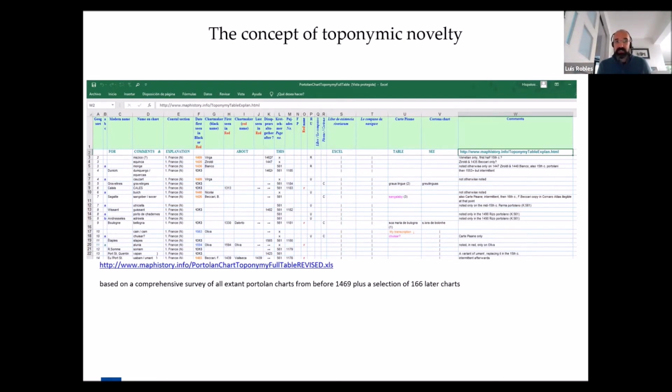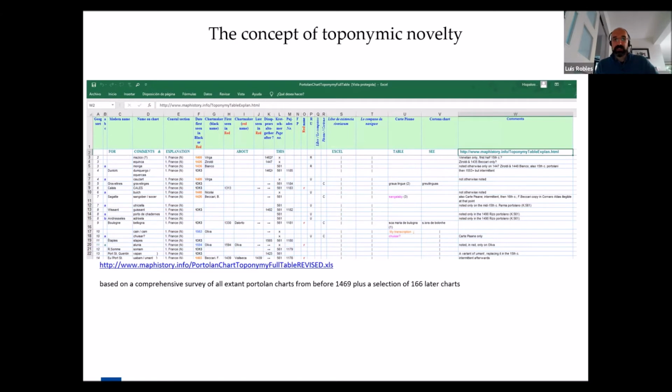So in Tony's database, which can be downloaded from that address, you can find all the portolan chart toponyms from the continuous coastline that goes from northern France all the way around the Atlantic, the Mediterranean, and then back to the Strait of Gibraltar up to the Atlantic coast of Morocco. He has compiled several thousands of toponyms of every chart authored before 1469 and 166 later charts.